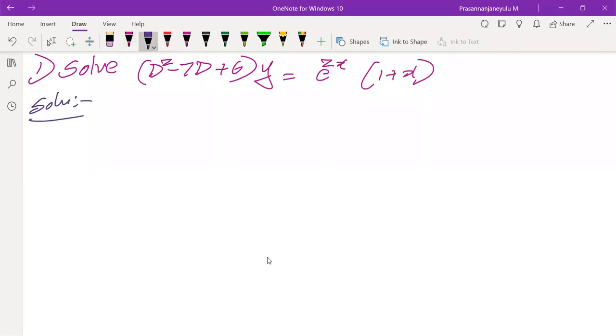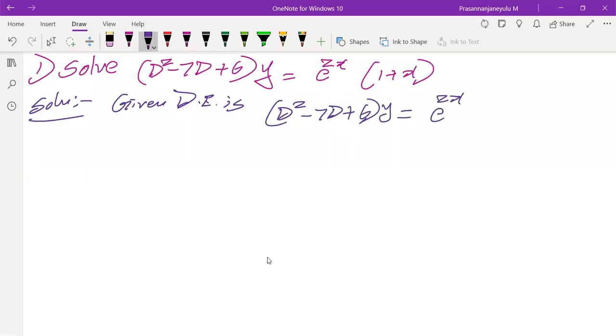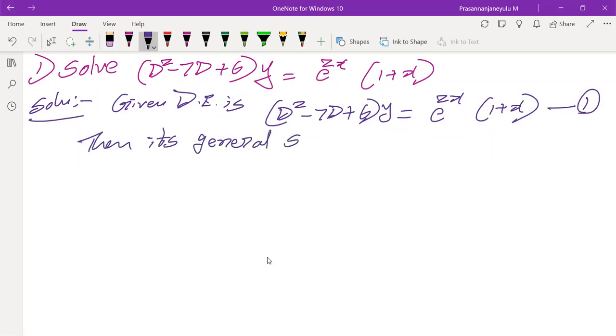Given differential equation is d square minus 7d plus 6 of y equals e power 2x into 1 plus x. Take it as equation number 1. And what is the general solution? Then its general solution is y equals yc plus yp, equation number 2.